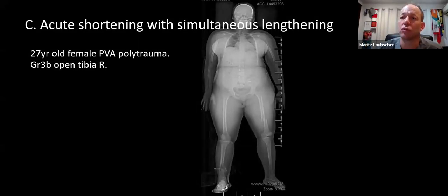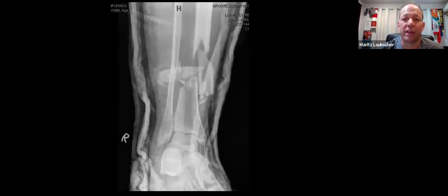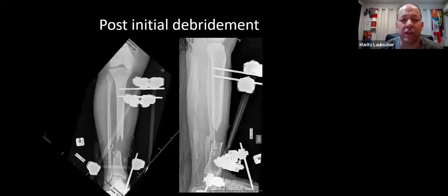So this is a 27-year-old polytrauma patient, again with a bad open distal tibia fracture and some bone loss. You can see there on the formal x-rays, there's a large segmental cortical piece that's loose and devascularized and appropriately debrided and spanned in the external fixator.